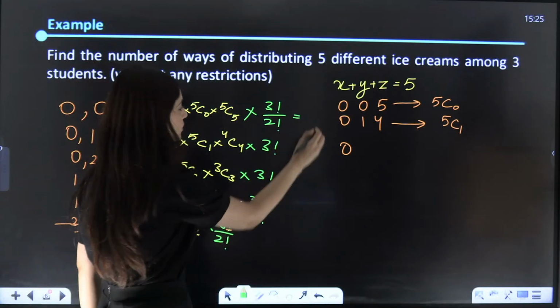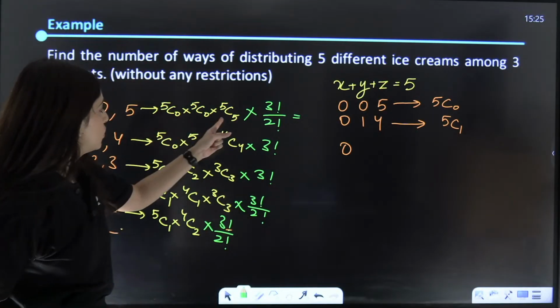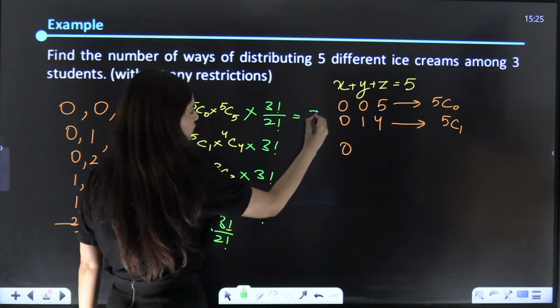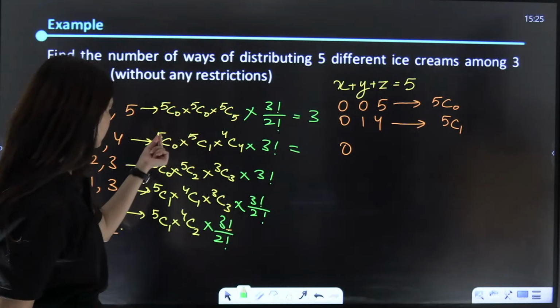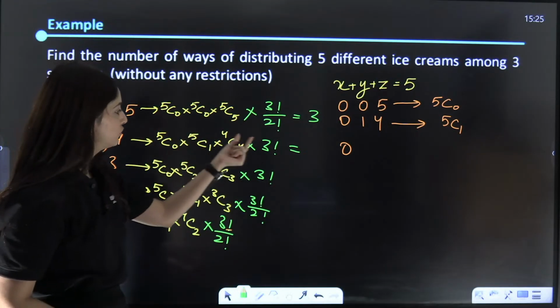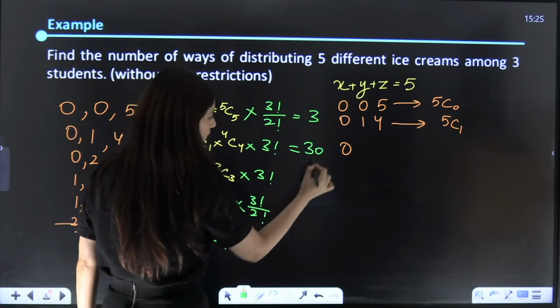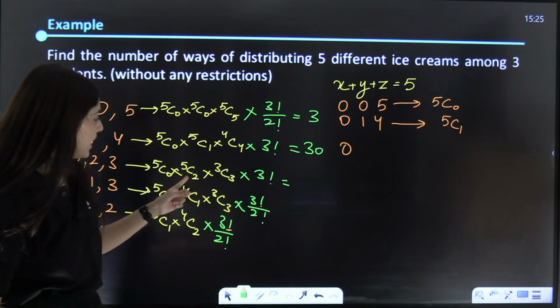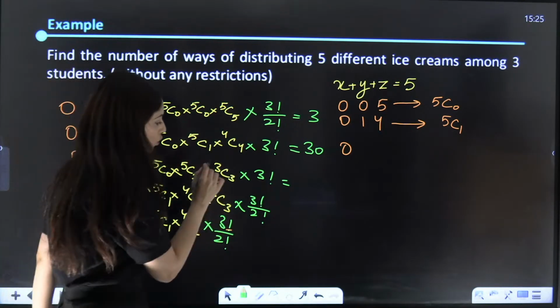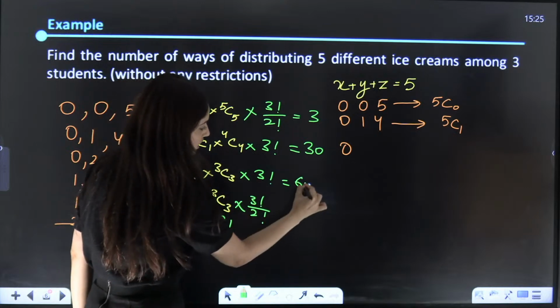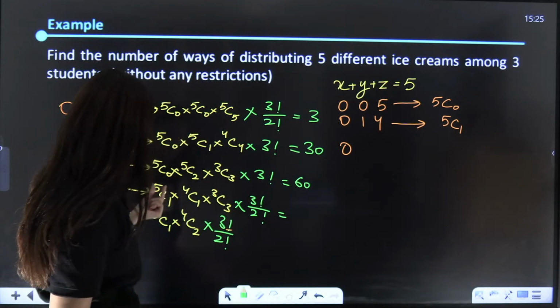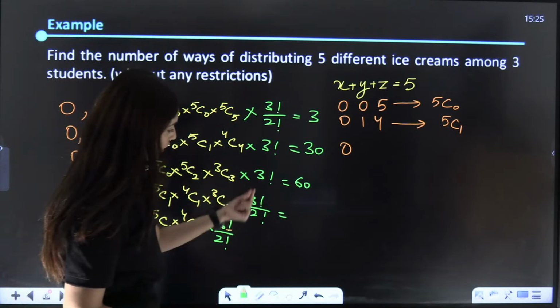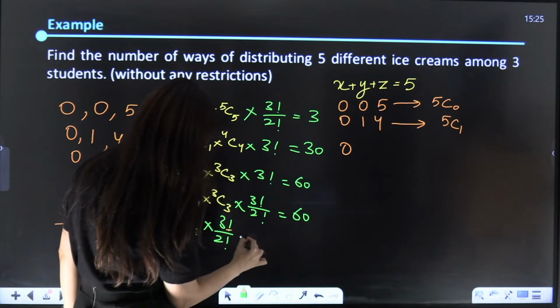What's the answer that we're getting? Here we get 1 into 3, so 3. Here we have 1 into 5, 5 into 6, 30. Then we have 1 into 5C2, 10 into 1, 10 into 6, 60. Then 5 into 4, 20 into 3, 60.